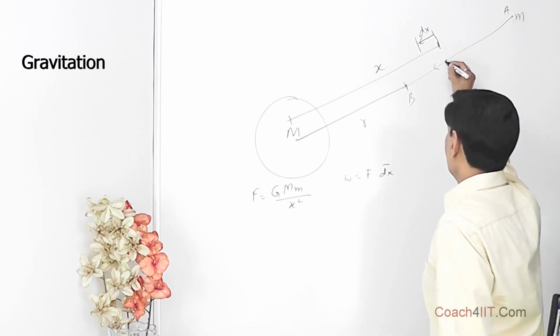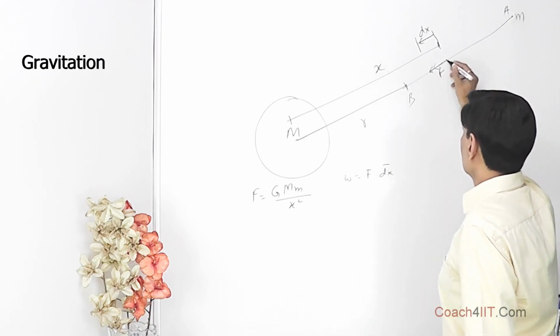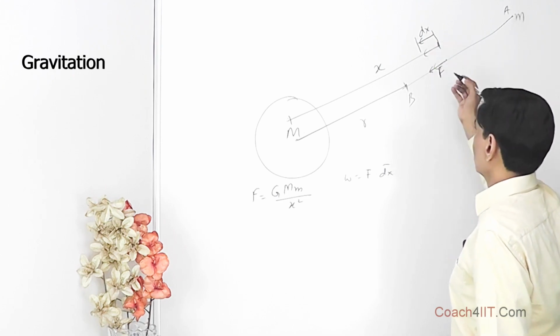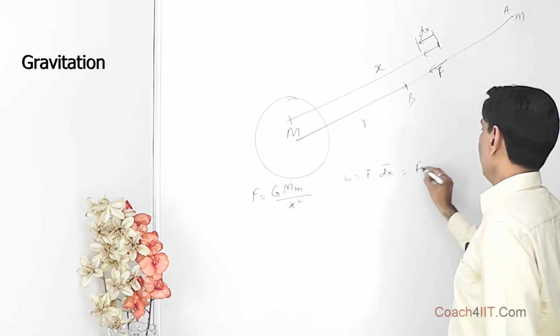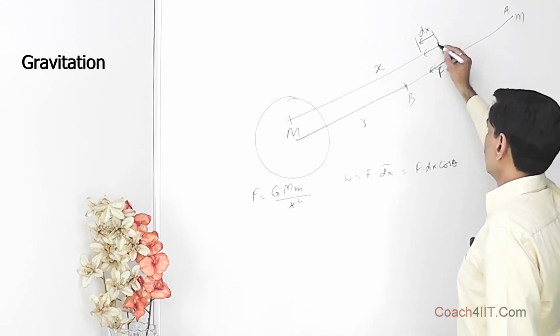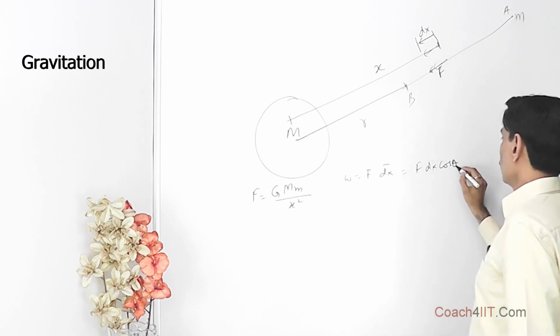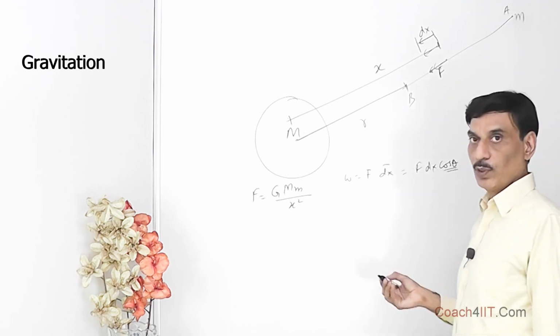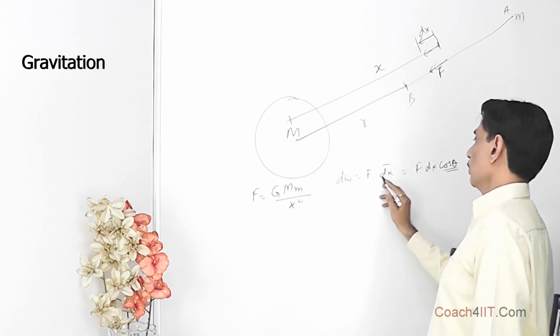The force, GMm upon x square, is in this direction, and the displacement is also in this direction. So when we say F dx cos theta, the angle between force and displacement is 0, so cos 0 is 1, and it comes out to be F dx only. So the small work done is F dot dx.